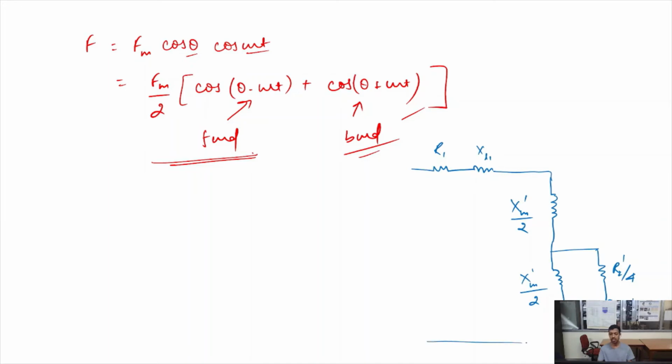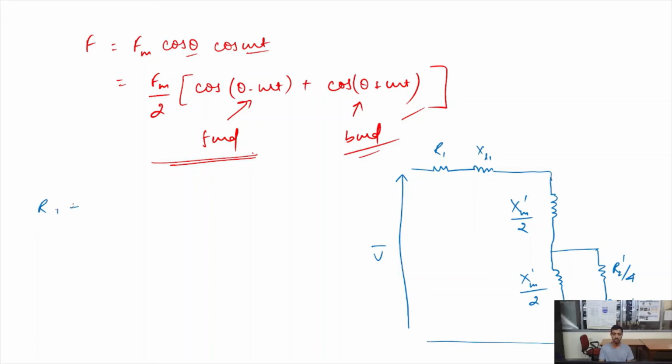Now this is just a network theory problem. We have to find power factor. First we will calculate the equivalent impedance, and after that we can find the angle of impedance, and that would be the angle of power factor of the circuit, and that would be the answer.